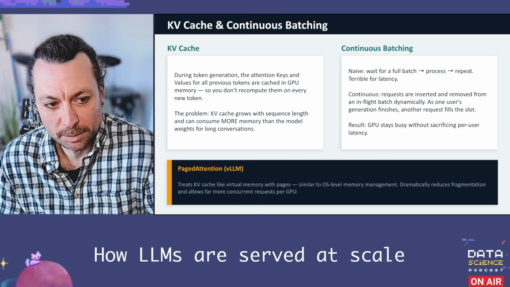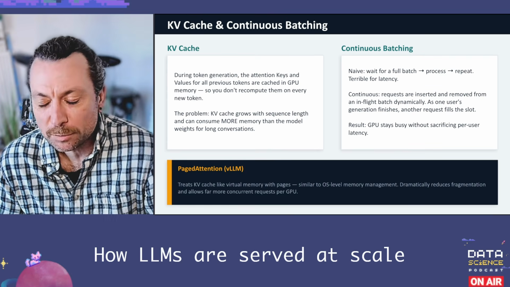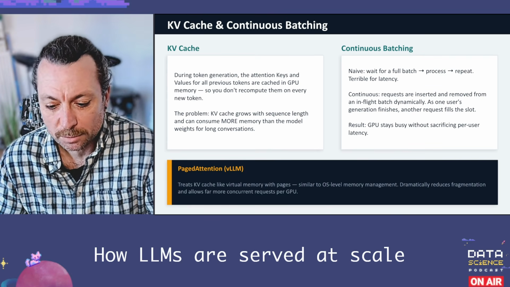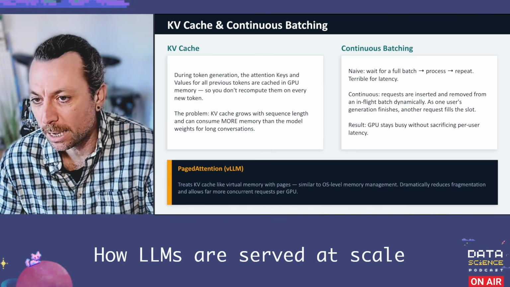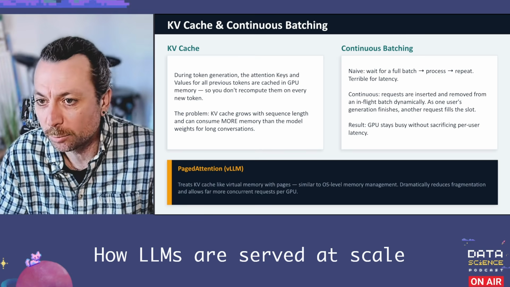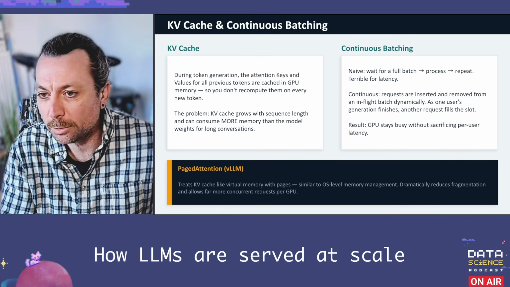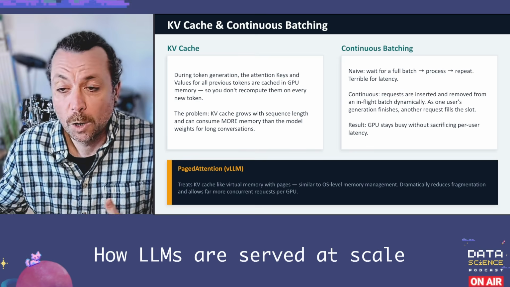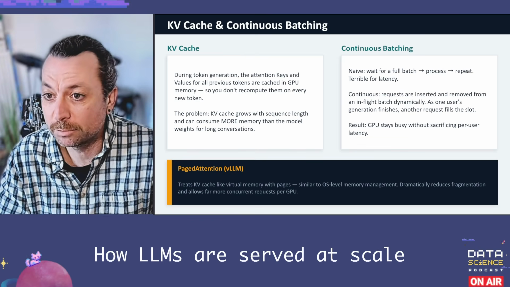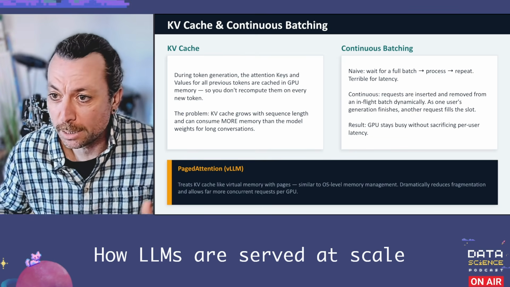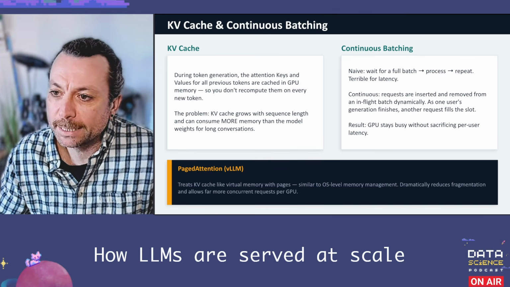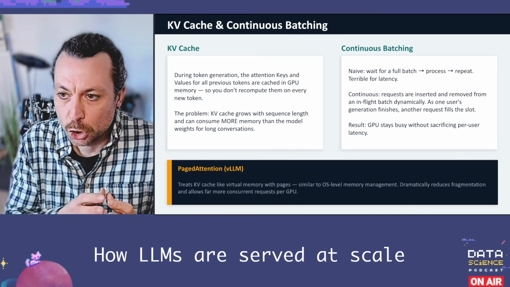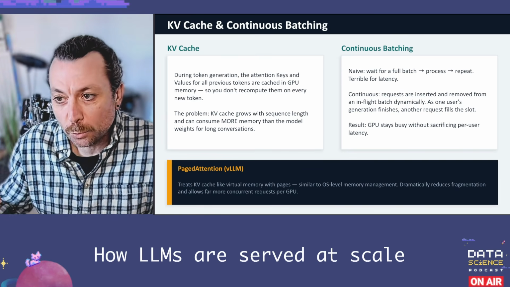It is a very simple concept that says, hey, if I saw these things before, I'm not going to recompute them again. I'm just going to fetch them from the cache and keep reusing them and continue the computation over the things that I haven't seen so far. That's what a cache is, right? So what is the problem here? Well, the problem is that this KV cache grows as the sequence grows.